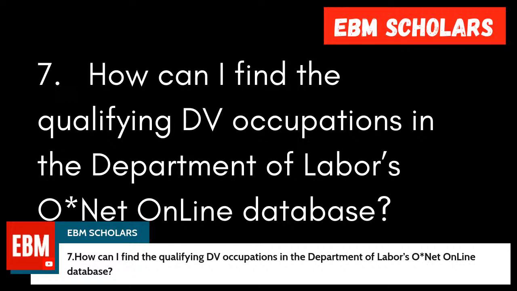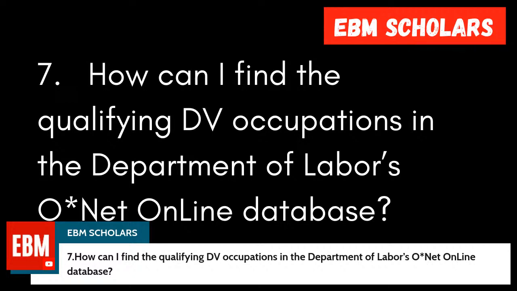A specific occupation can be security guard. That is a specific occupation. It can be a chef. That is also a specific occupation. So in the database, you go to the job zone to find that one.